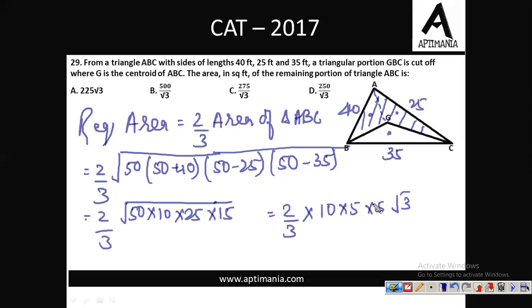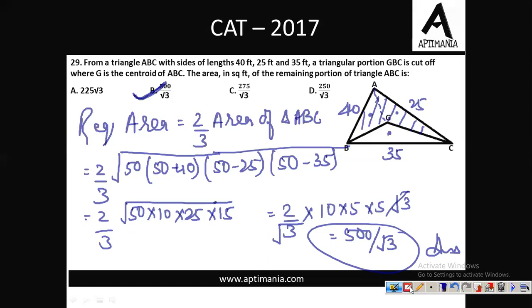So what we'll have is, root 3 gets cancelled, leaving root 3. 5 and 5 with 25, so 50 into 10, that is 500 upon root 3 will be the correct answer for question number 29. So the correct answer is option B, 500 by root 3.